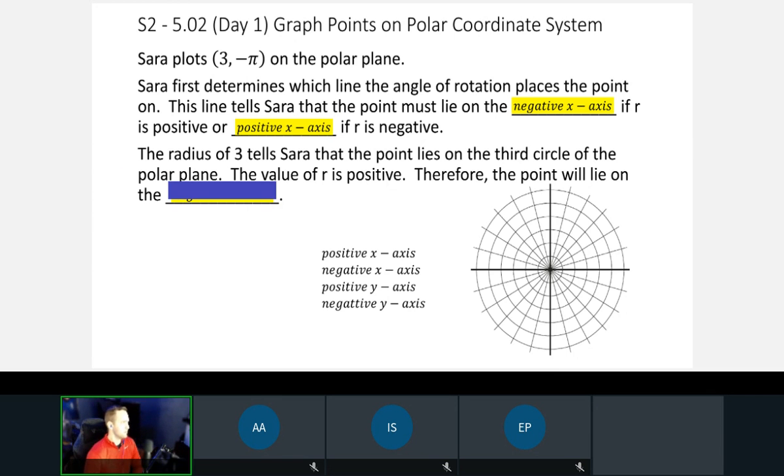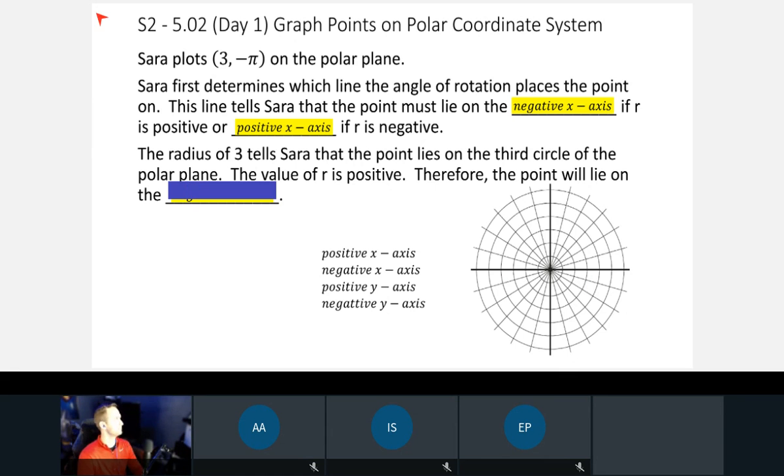The radius of 3 tells Sarah that the point lies on the third circle of the polar plane. So 1, 2, 3. The value of r is positive, therefore the point will lie on the blank. Because r is positive here, the last blank is negative x-axis.